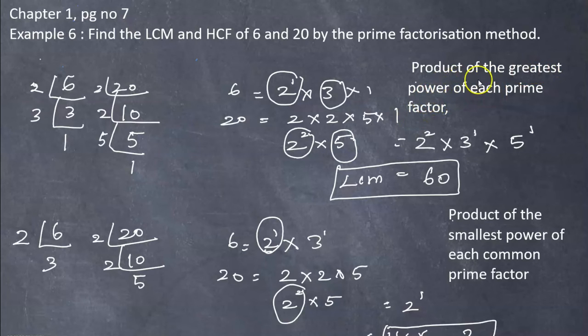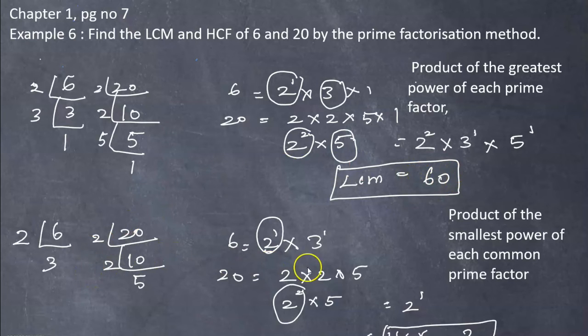For LCM it is the greatest power of each prime factor. Whatever prime factors you have, you have to write all of those with the greatest power. Here only 2 repeats, so we take 2 with the greatest power, 2 power 2, and 3 power 1, and 5 is also power 1. We multiply everything and get LCM 60.